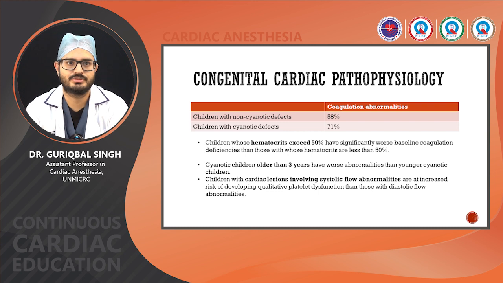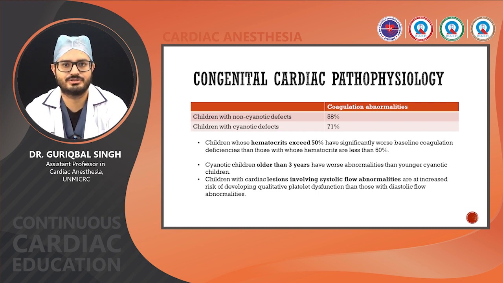Now 58% of children with non-cyanotic defects have coagulation abnormalities, while 71% with cyanotic defects have coagulation abnormalities. Children whose hematocrit exceeds 50% have significantly worse baseline coagulation deficiency than those whose hematocrit is less than 50%. Cyanotic children older than 3 years have worse abnormalities than younger cyanotic children.